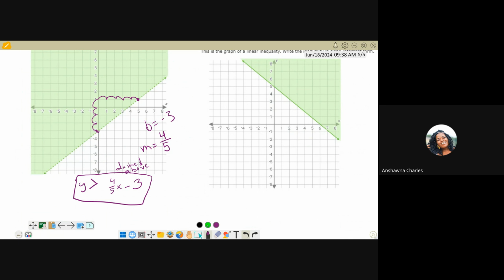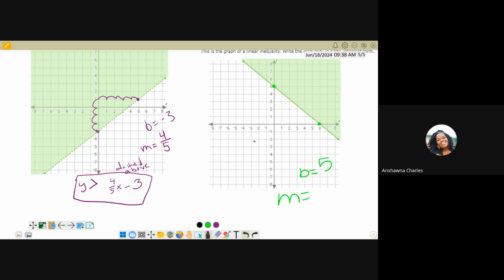As the second example, we have b. So what is our y-intercept? What is across the y-axis? 5. Right here. And then we look for another point for our slope. So we can use 6, 0.